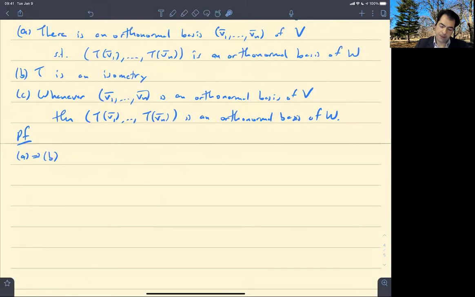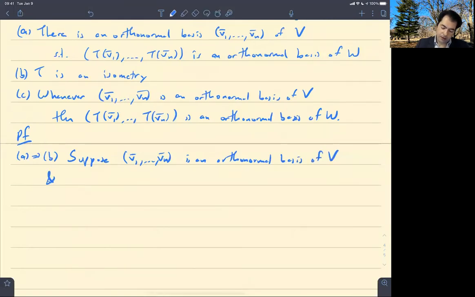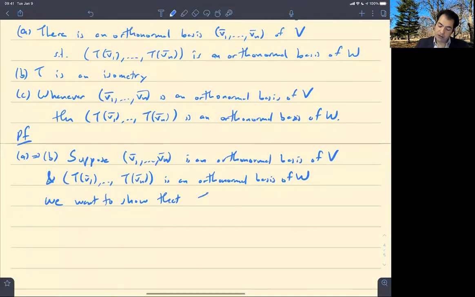Okay, so A implies B. So we get to suppose V1 through Vn is an orthonormal basis of V, and T of V1 through T of Vn is an orthonormal basis of W. We want to show that T is an isometry. Right. So we're assuming A, we want to prove B.